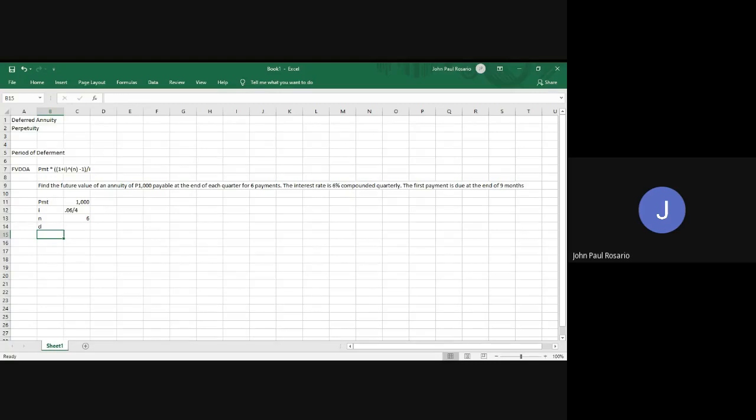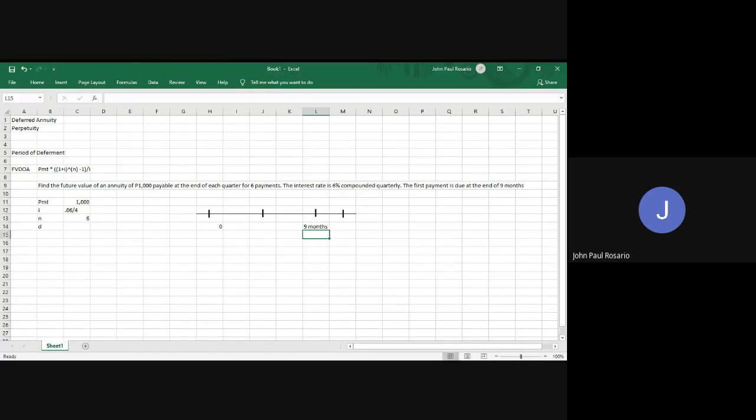So anyone? How long is our period of deferment? Anybody know how to solve for the period of deferment? Okay, sige. So, this is year 0. And then, this is 9 months.